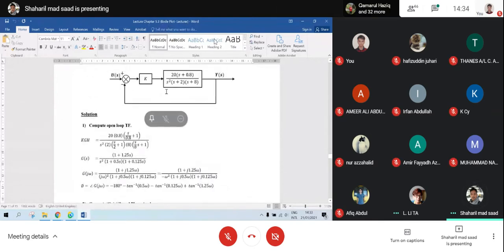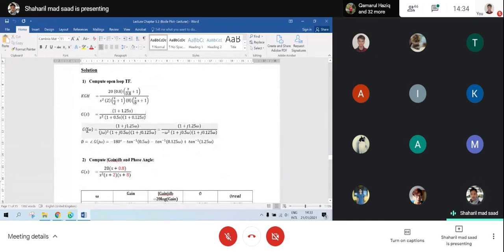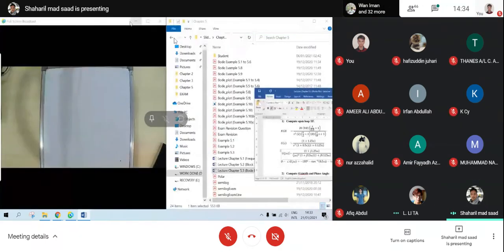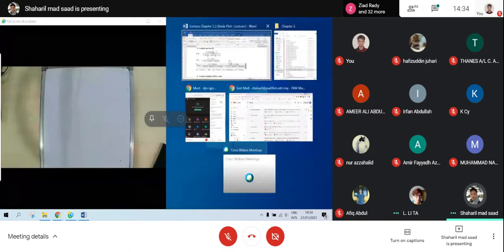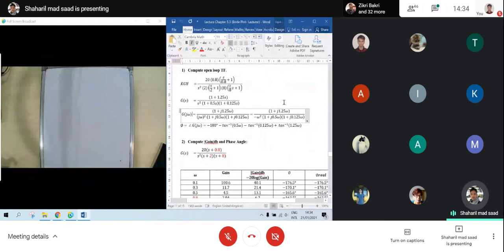So my advice is please write also this equation and also this equation. Before that, this one also you will have.